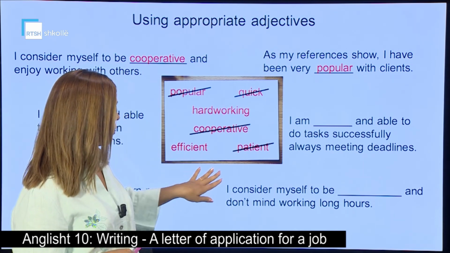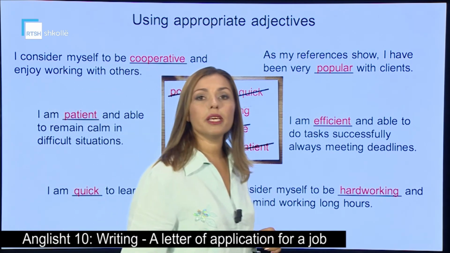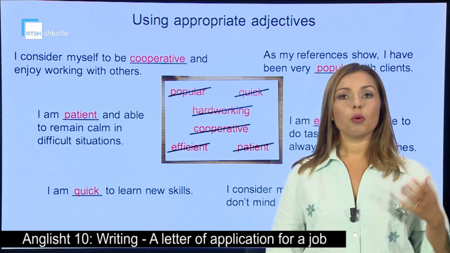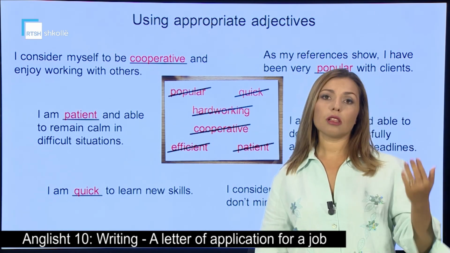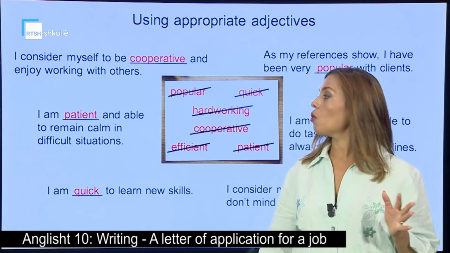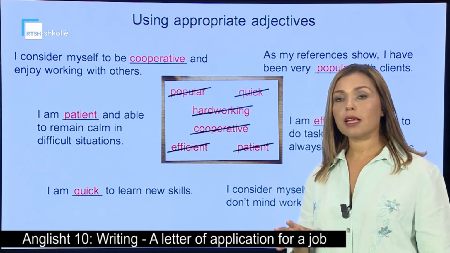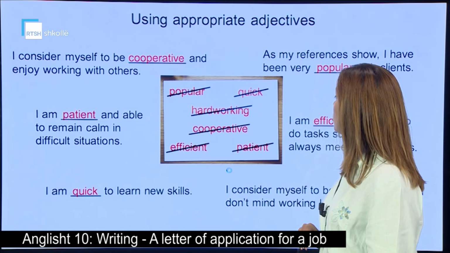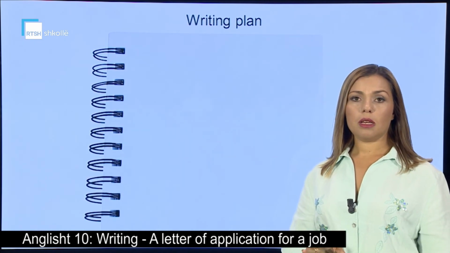And the last one, I consider myself to be hard-working. When you work hard, then you don't mind working long hours. So, based on what the advertisement says, you are going to choose some of these qualities or others that you are being asked.